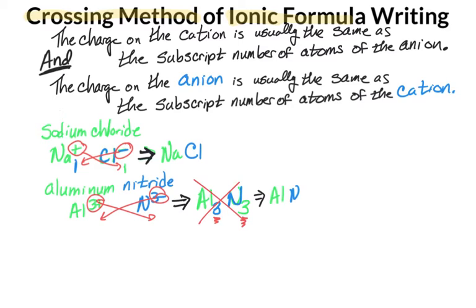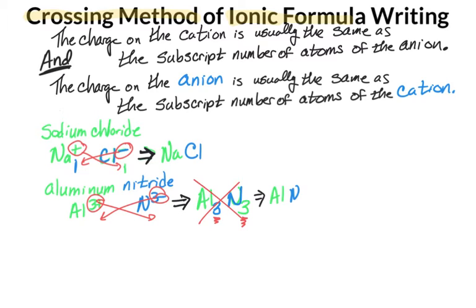We'll take the 5 from the antimony, put it below the phosphate, and put the 3 from the phosphate down below on the antimony. And we see that our formula is Sb subscript 3, parentheses, PO4, close the parentheses, 5. And that one is correct.